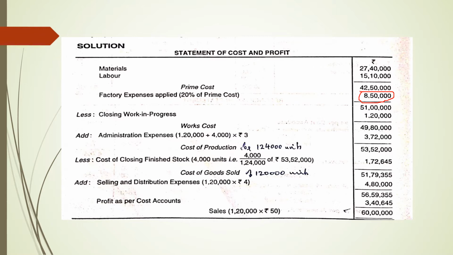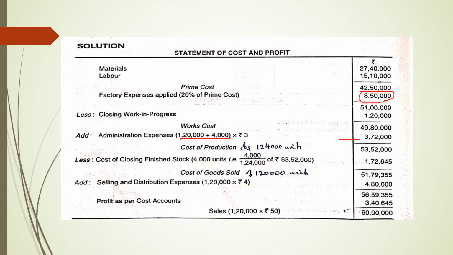Then along with the work cost, we add administration expense. We already said that administration expense is per unit of production. Production means sales plus closing stock, so the production units become 1,24,000. 1,24,000 into 3 becomes 3,72,000.